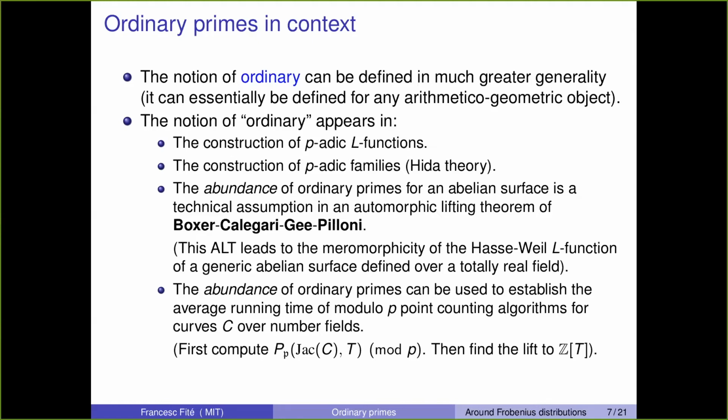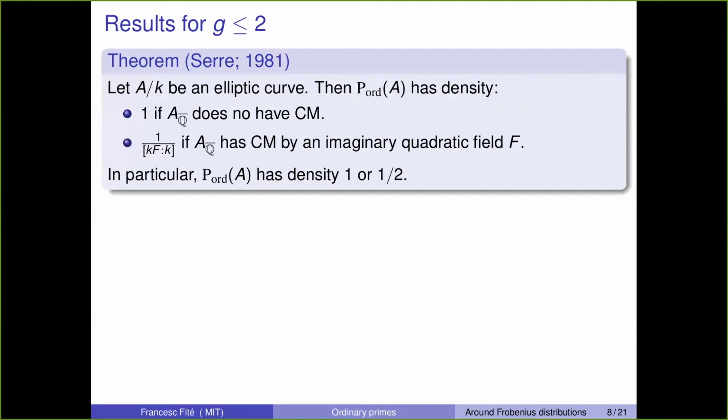Good, so let's now move to what is known in dimension at most 2. In these cases, not only is the conjecture known, not only is it known that there exists a set of ordinary primes with positive density, we know the exact density of the set of ordinary primes.